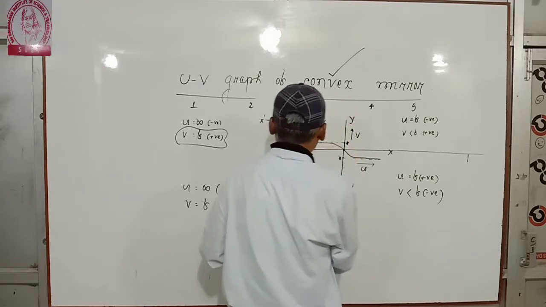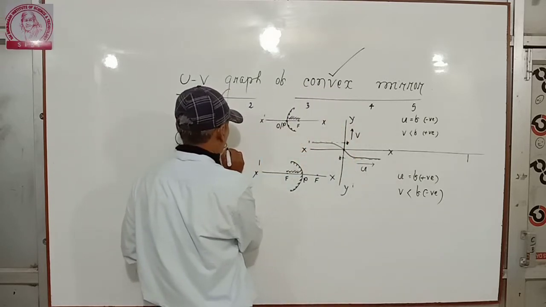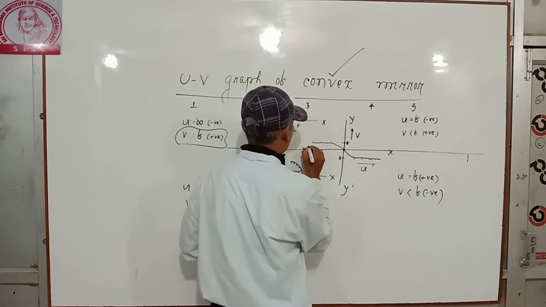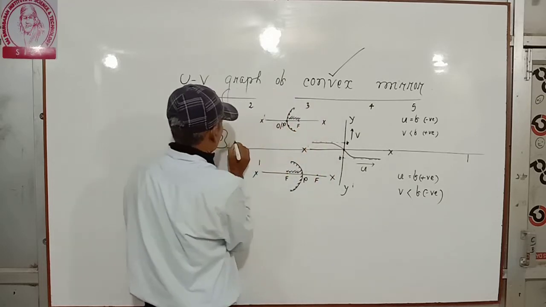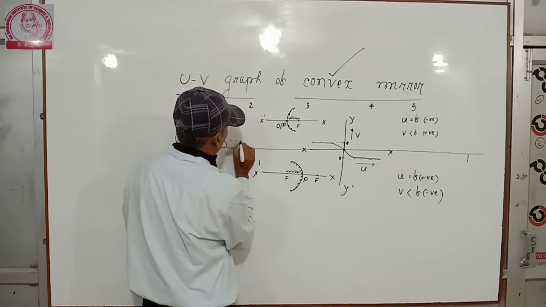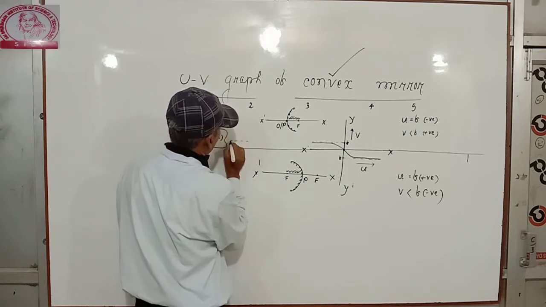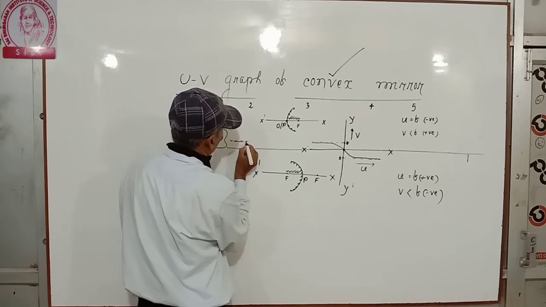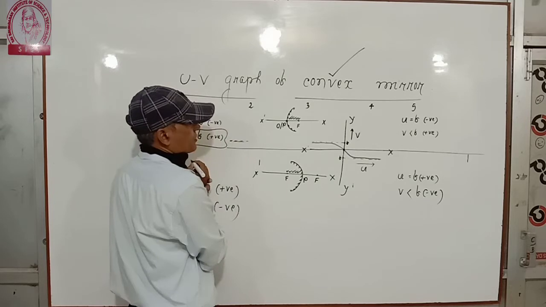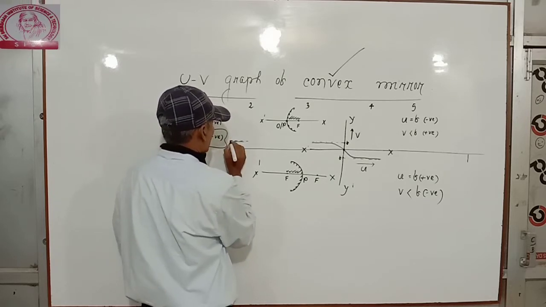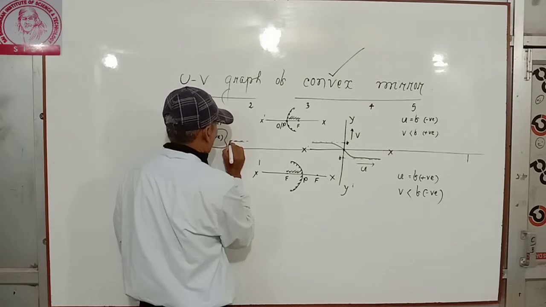In this case also, you extend the negative x-axis. Let's say here it intersects. That means at this point draw a perpendicular.